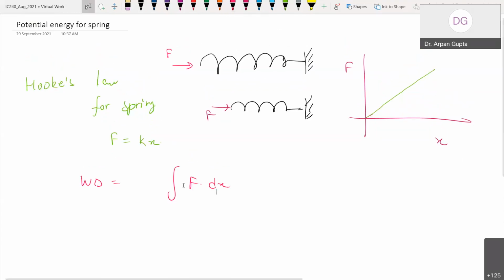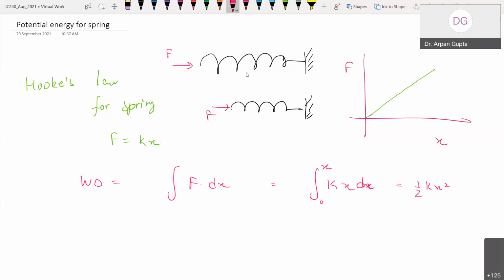So F is slowly increasing, and in making a small displacement dx, the work done is F dx. Now if we integrate the total work done, F is kx, so it is the integral of kx dx, integrated from the unstretched length 0 to some stretched length, let's say x, and this is your half kx square. So this is the work done on the spring.